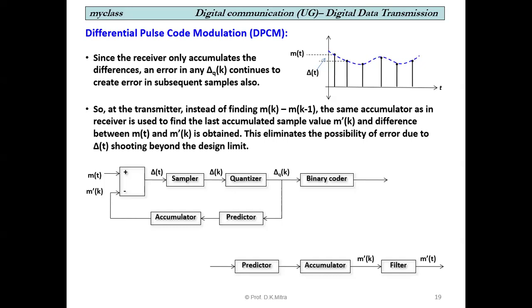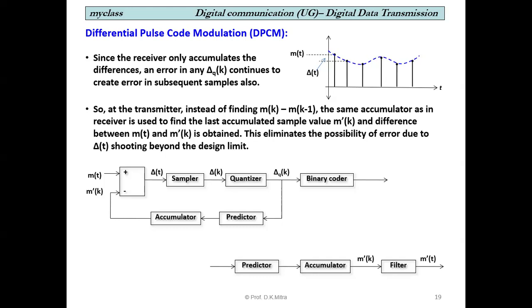That is one major problem of this DPCM, because if there is an error once, then this error continues. But engineers have found some method to circumvent that possibility, or at least to reduce such possibilities.